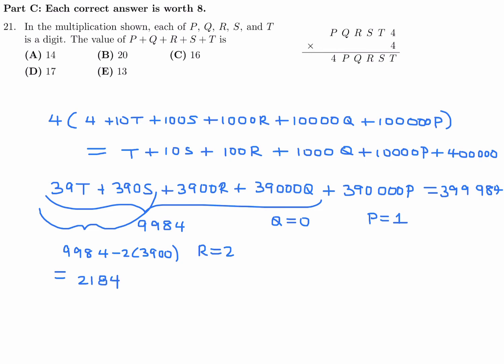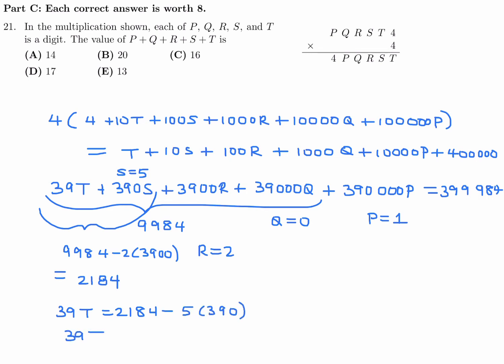So that basically means that these guys have to equal 2184. Okay, so how many of these 390s can I squeeze out of there? I think 5 would be the max, so that would make S equal to 5. So that means that 39T is equal to 2184 minus 5 times 390.